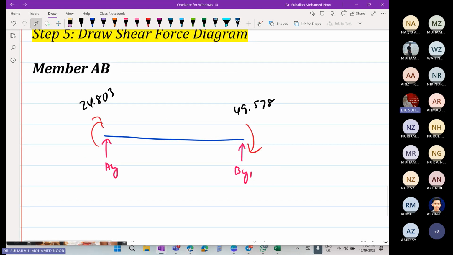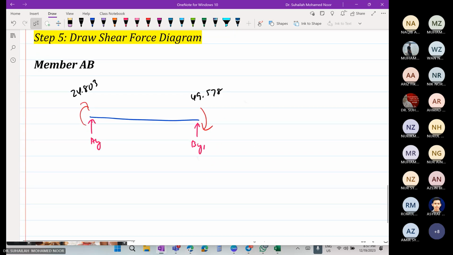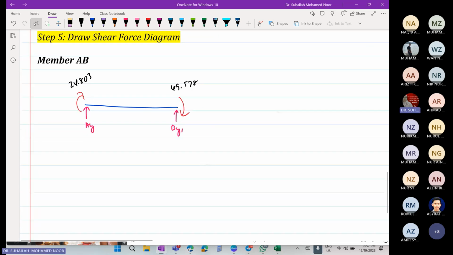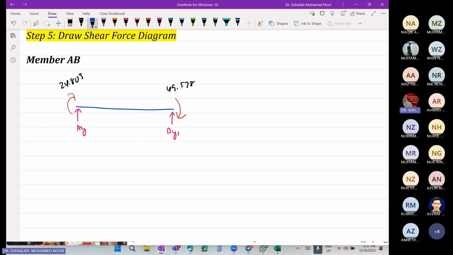Okay, so when we analyze this, it is just like we analyze a simply supported beam. So how do we analyze a simply supported beam? If this is A and this is B.